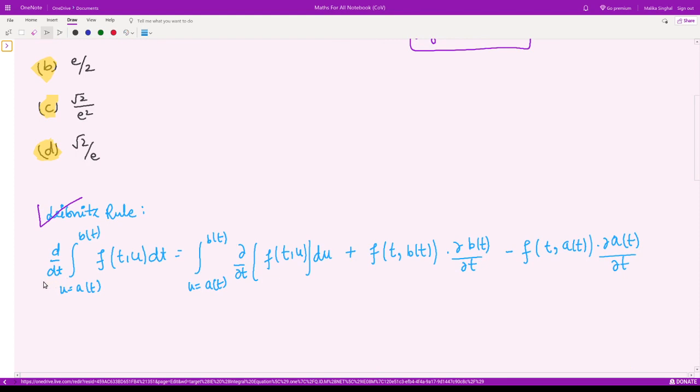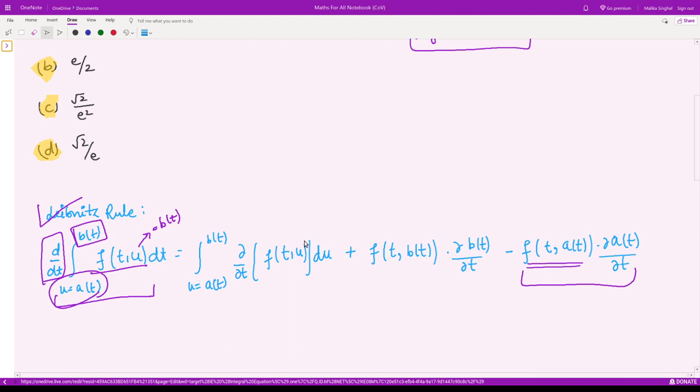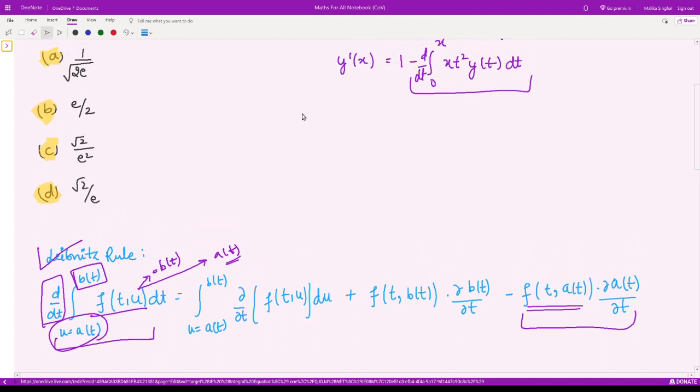To take the derivative of an integration, firstly we take the partial derivative of the integrand with respect to the variable, then take the derivative of the upper limit and substitute the upper limit into the function, and minus the derivative of the lower limit multiplied by the function evaluated at the lower limit. So this is the rule. You must remember this rule. This is very useful.